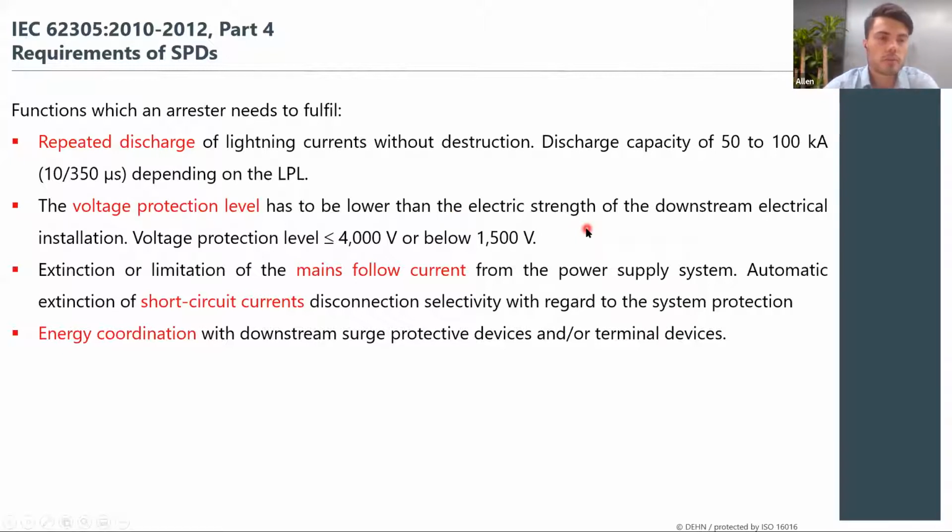And it should also be able to extinguish or limit the mains follow current from the supply system so as not to damage your electrical systems downstream. It is also very important that the SPD should coordinate with any downstream surge protection devices that you need to install.